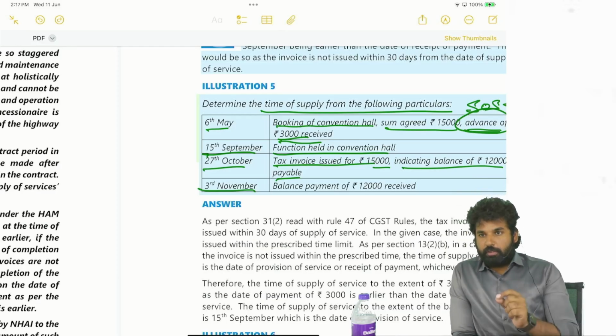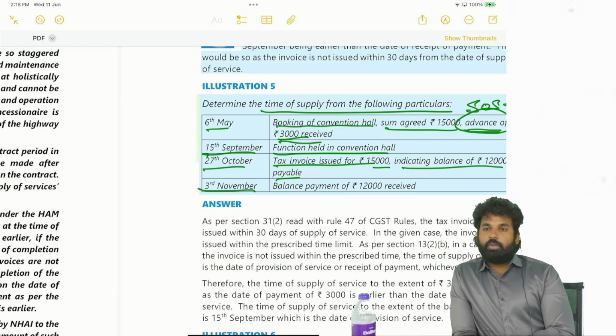In services, whenever you have part payments, see here, advance is there, 3,000 rupees, 12,000 rupees, another payment is there. So for advance of rupees 3,000, there will be a separate time of supply. For remaining payment of 12,000, there will be a separate time of supply.